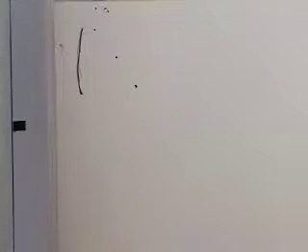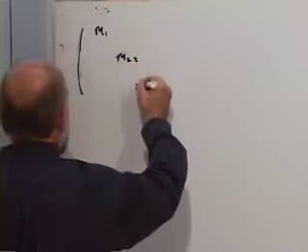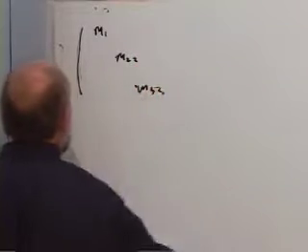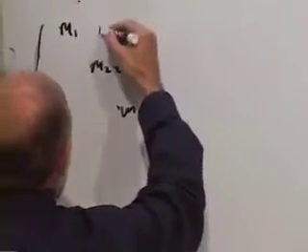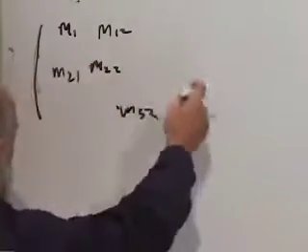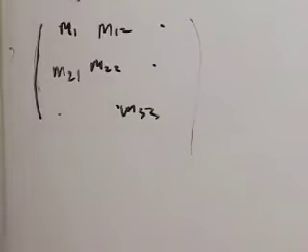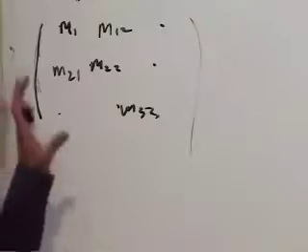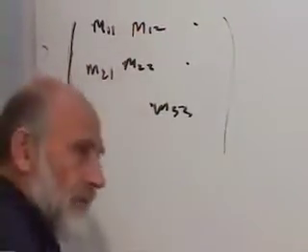Let's take it to be 3 by 3. There's M11, M22, M33, and then there's the off-diagonal elements. Let's just put one of them over here. Here's M12, and here's M21, and so forth. And there's other ones, they're all there. The transpose of a matrix is just, you act on the matrix to interchange rows and columns.